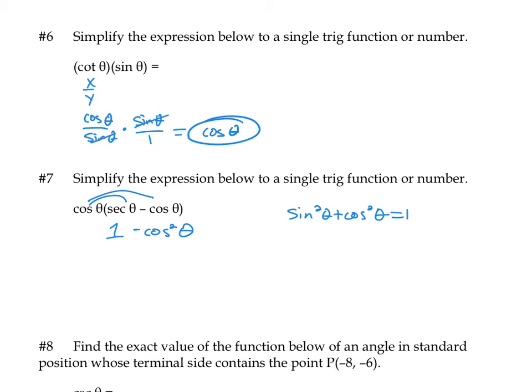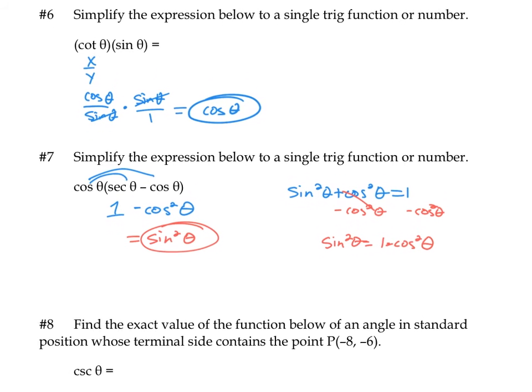If I were to subtract cosine squared on both sides, I'd have sine squared equals 1 minus cosine squared. So 1 minus cosine squared over here is equal to sine squared theta. That would be my answer if I simplify it into a single trig function. Cosine times that binomial secant minus cosine will always come out to whatever sine squared is for that theta value.